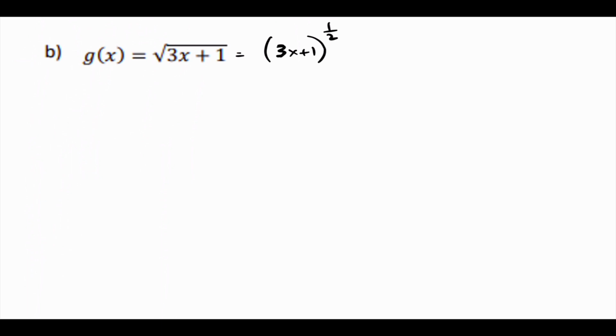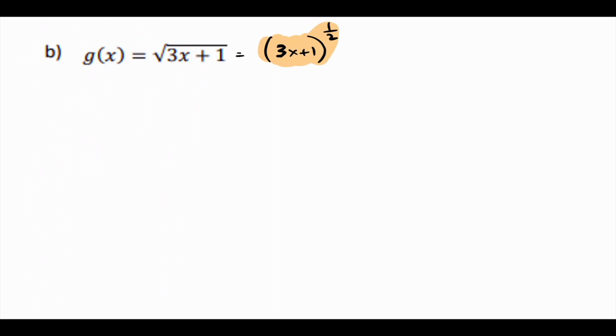Find the derivative of the outside. So we said the outside was all of this. Don't even worry about the inside right now. What I'm worried about is the outside. So the outside is something to the 1/2 power. If you had something to the 1/2 power, how would you find the derivative?